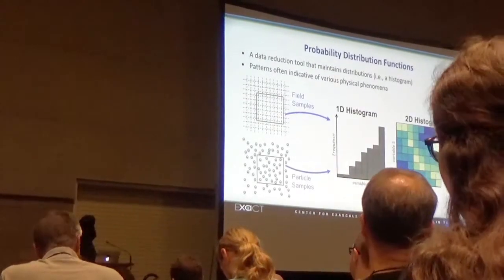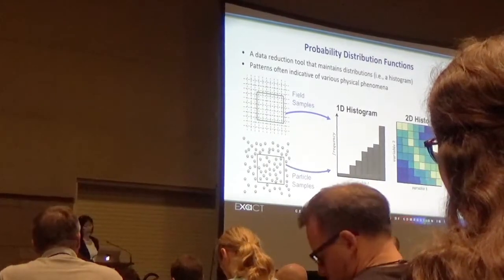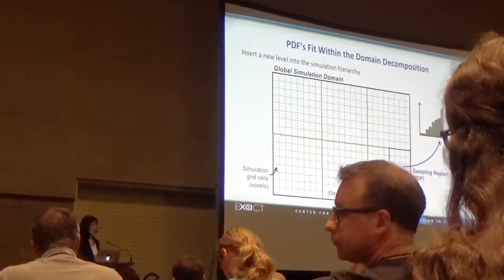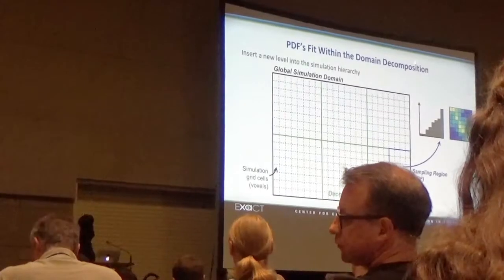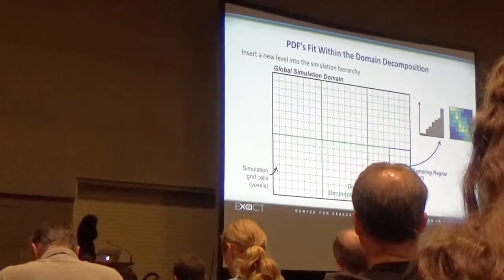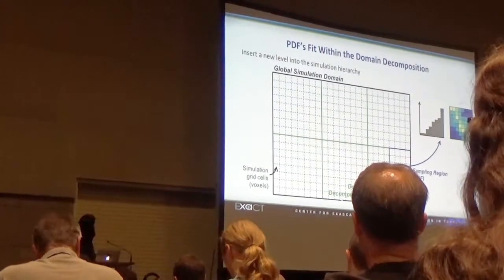So we can create histograms of both the field data as well as of the particle data while the run is ongoing. Then we make sure that the PDFs actually fit within the domain decomposition of the solver. So this is the global simulation domain, and these subregions are the domain decomposition of the solver.